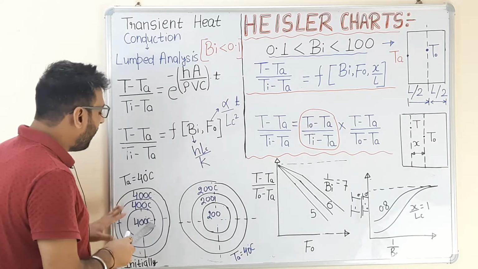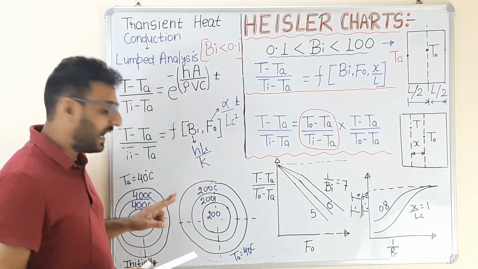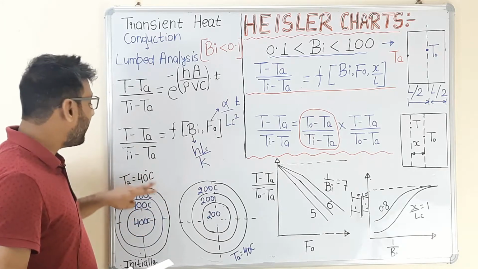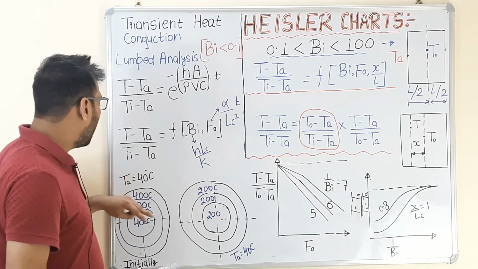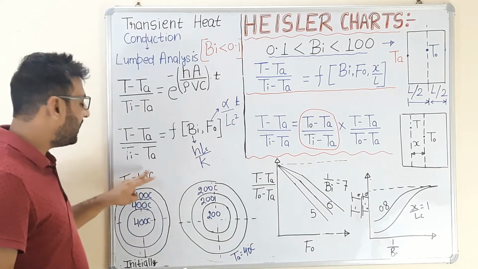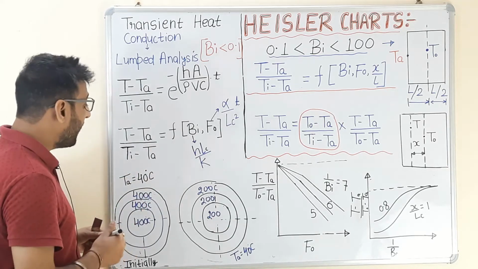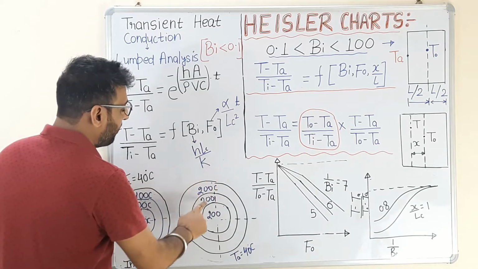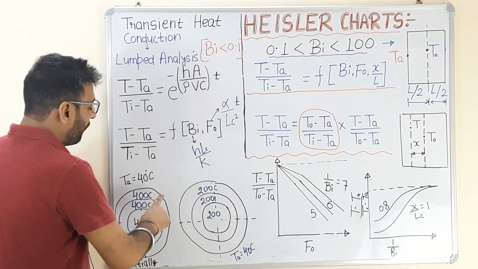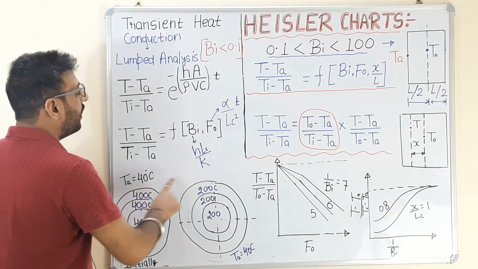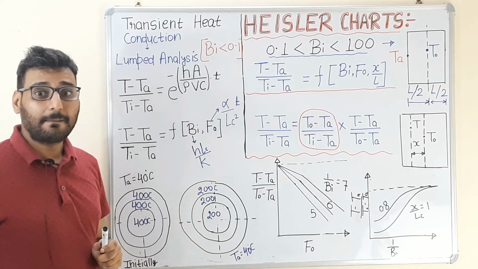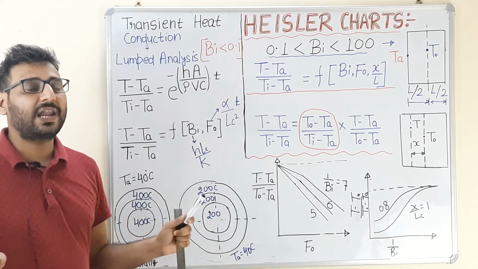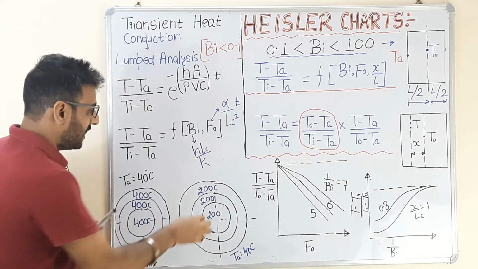It means if a ball which is initially at a temperature of 400 degrees centigrade is placed in an environment of 40 degrees centigrade, and after 5 minutes the temperature of the body has changed from 400 degrees centigrade to 200 degrees centigrade, the temperature of the body is still not varying with space.